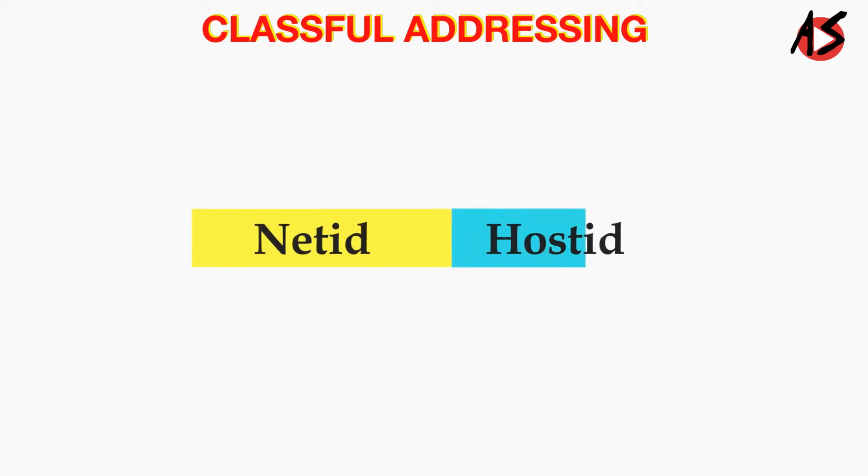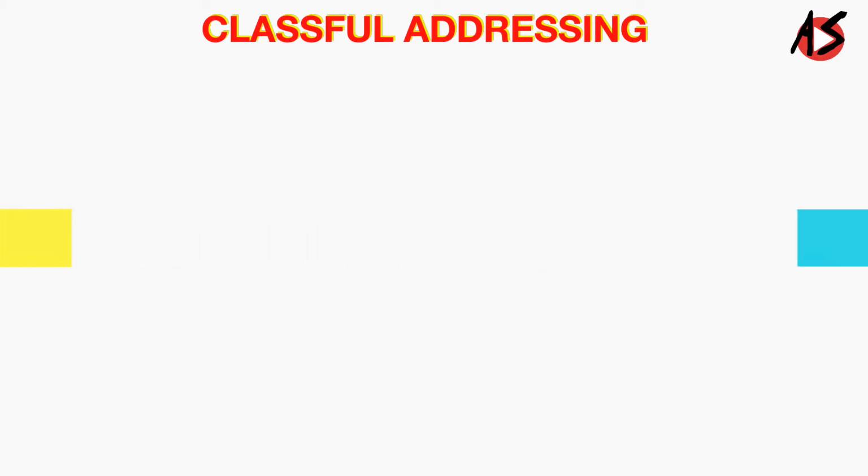In classful addressing, an IP address in class A, B and C is divided into net ID and host ID. In the binary notation, the first few bits can immediately tell us the class of the address.